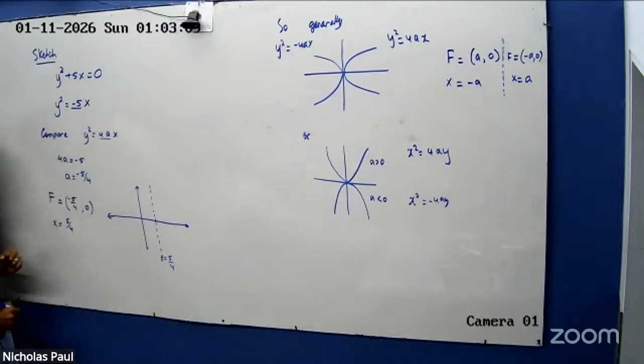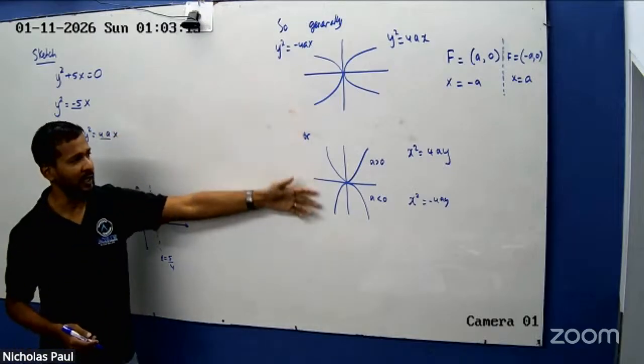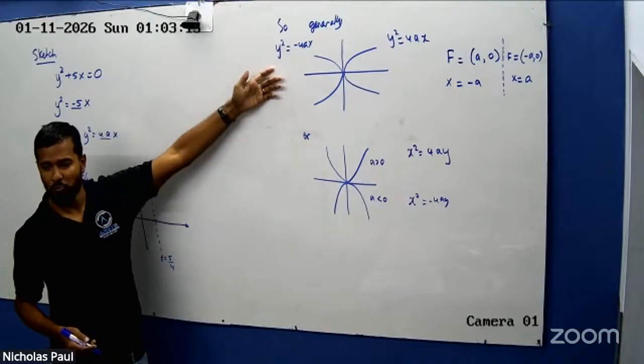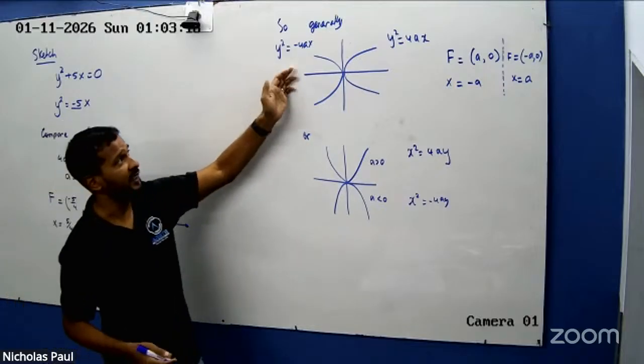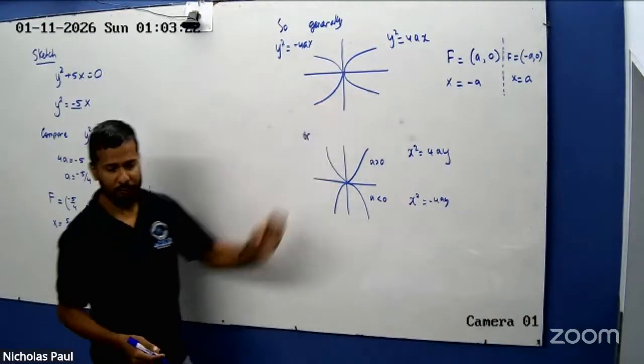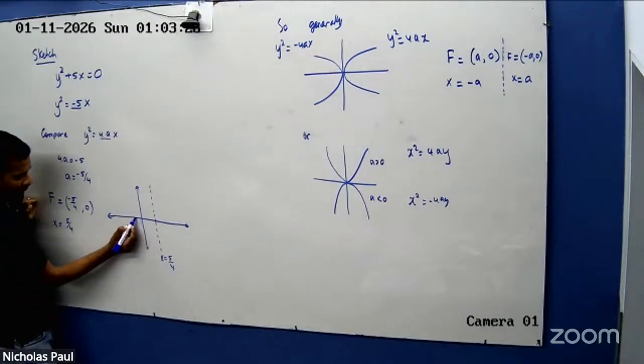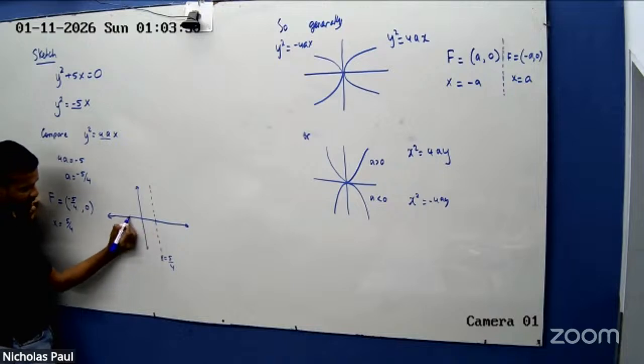How would it be shaped? Is it the first two or the second two? The one on top. And because a is less than 0, would it be this one or this one? This one here. So your directrix is here. Minus 5 on 4 is somewhere around here, so you'll get a nice shape.